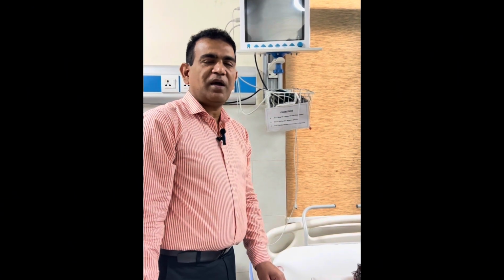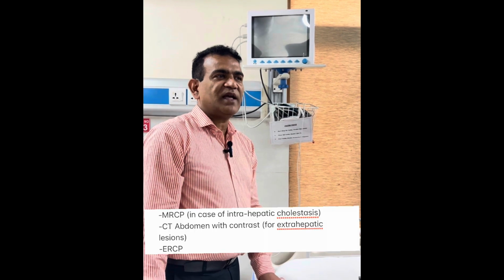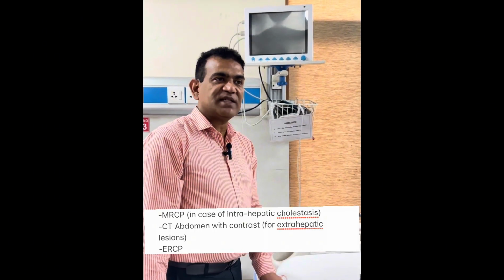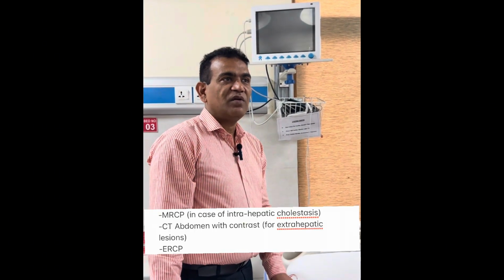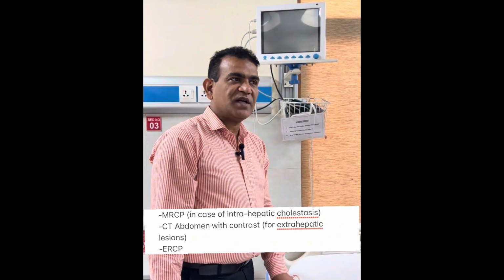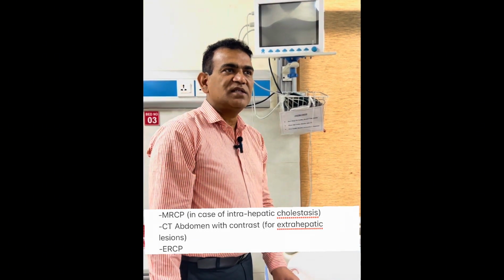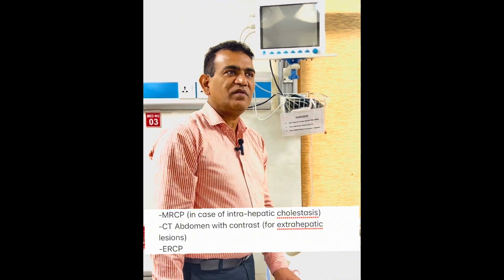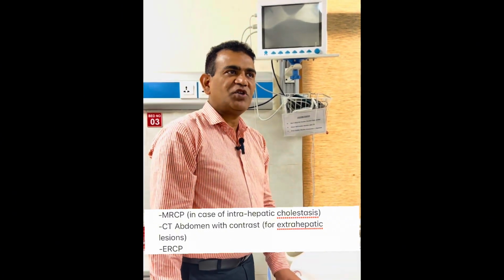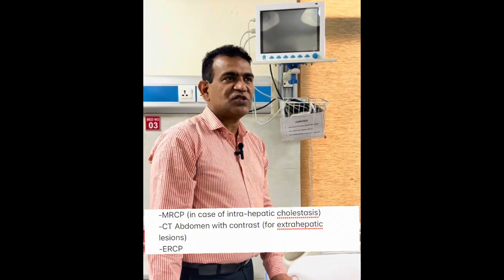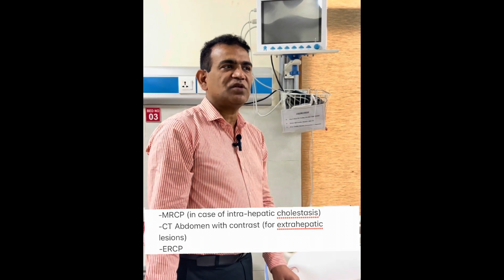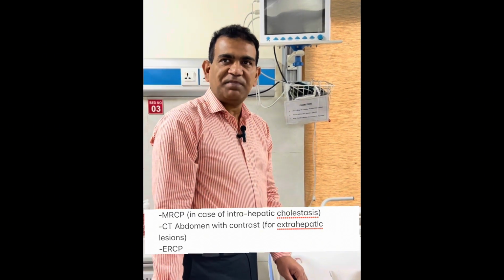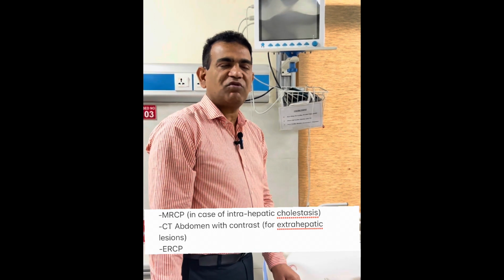If MRI liver shows there is some obstruction, then what is the next investigation? Then you should assess with CT abdomen with contrast, or CT abdomen and liver with protocol, which indicates there are some extrahepatic lesions or a mass like a pancreatic mass which obstructs the biliary channel.